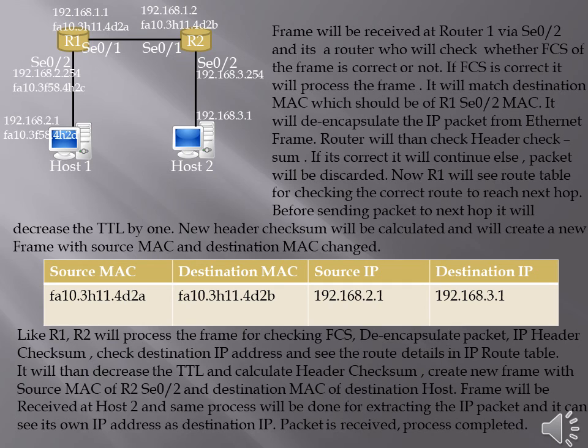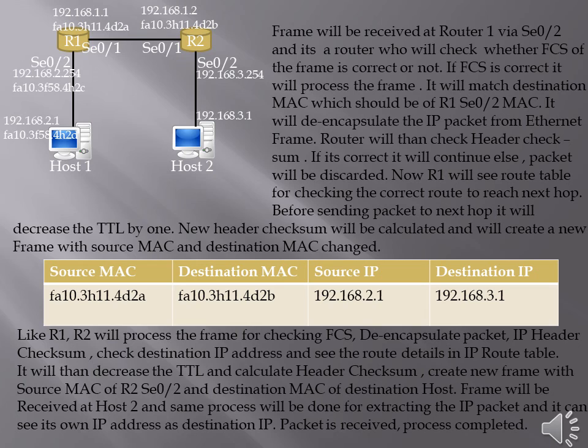The source MAC would be the MAC address of the SE0/1 interface of R1 and the destination MAC address would be of R2's SE0/1 interface. The source IP and destination IP would remain the same, that is the source IP would be of host 1 and the destination IP would be of host 2.